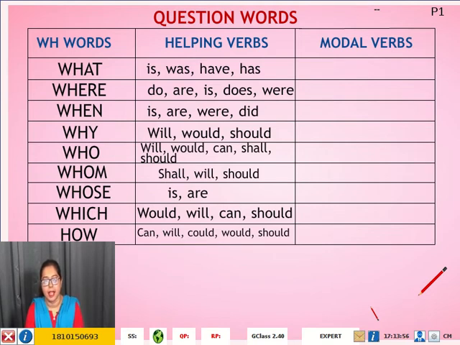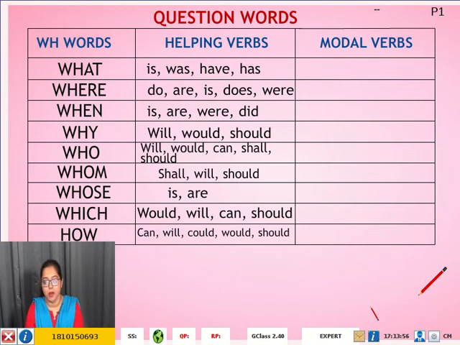Okay. The next WH word is why. With why we are using will, would, should. The next WH word is who. With who we are using will, would, can, shall, should. So with the next WH word, which is whom, we are using shall, will, should.